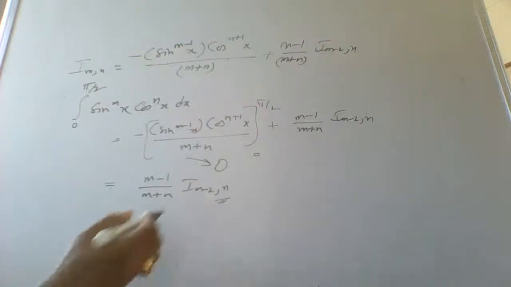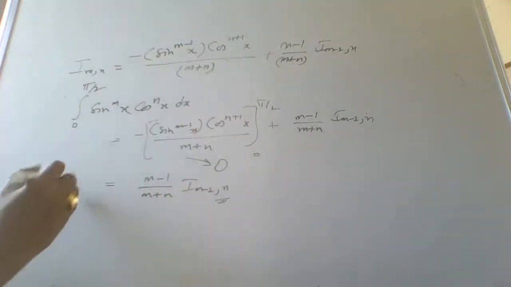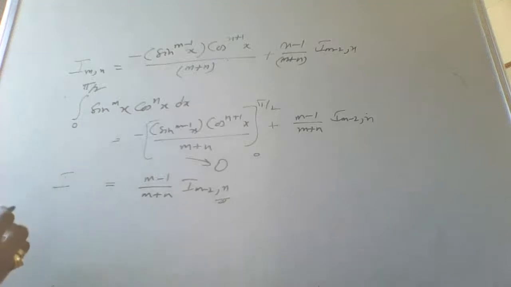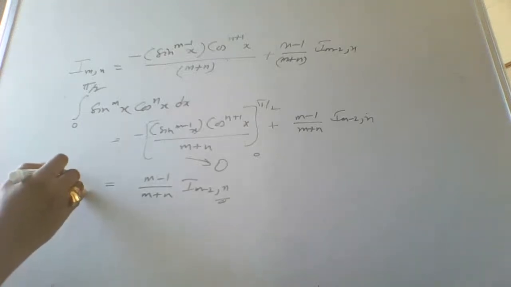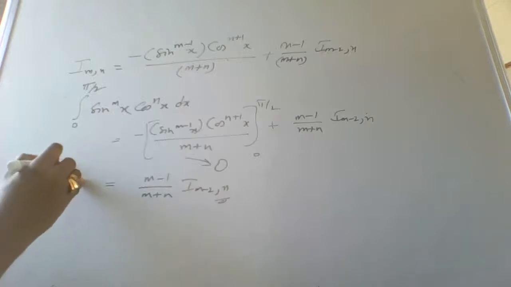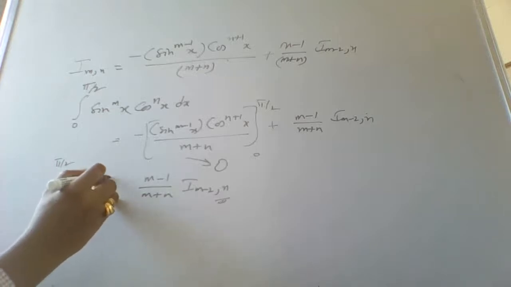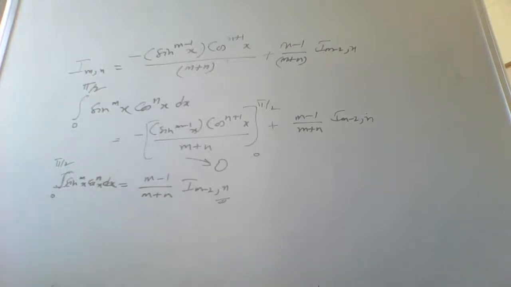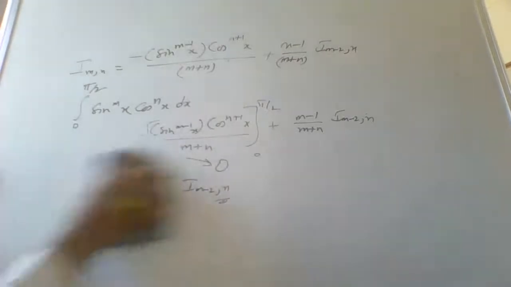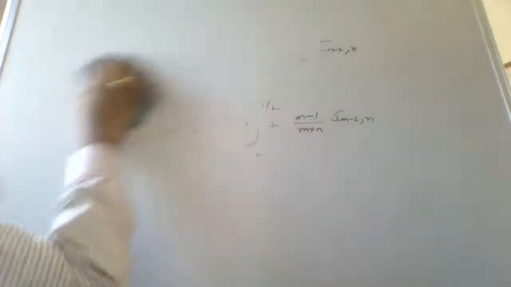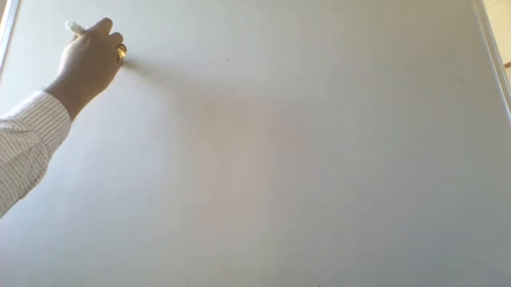Now let us arrive at these formulas. This is for I, that's for the integral from 0 to pi by 2 of sine m x cos to the power of n x dx. Let us obtain those results for I m minus 2 comma n.